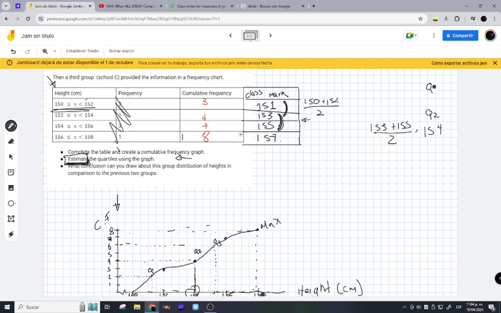Q1 would be 151 plus 153 divided by 2, which is 152. Okay, we actually didn't estimate it properly. This is a more accurate representation of what that number should be. Okay? And why is that? Because we didn't do a really good curve.